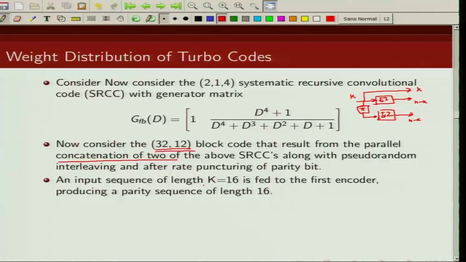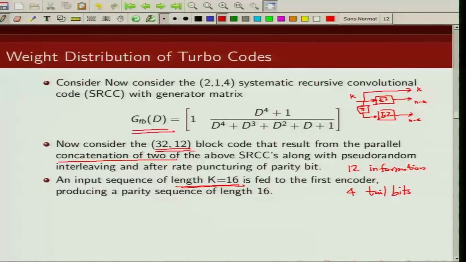Now let us consider an input of length 16 where 12 of them will be information bits and 4 of them will be tail bits, which we use to terminate this convolutional encoder.